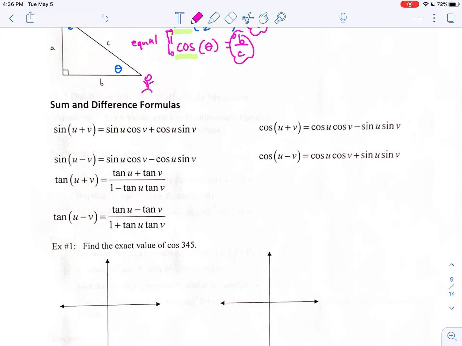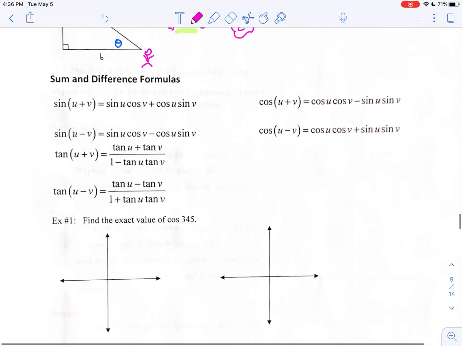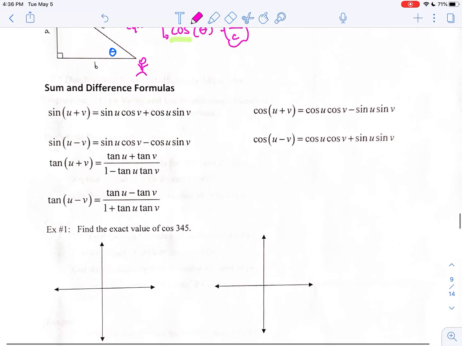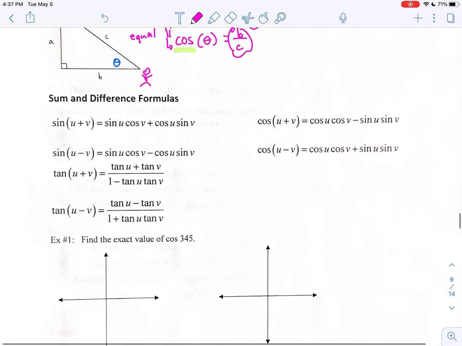These are used to find angle measures that might not fall on the unit circle, but they allow us to find exact values of angles that are the result of a sum or difference of angle measures on the unit circle. So you can see below, 345 degrees is not on the unit circle.